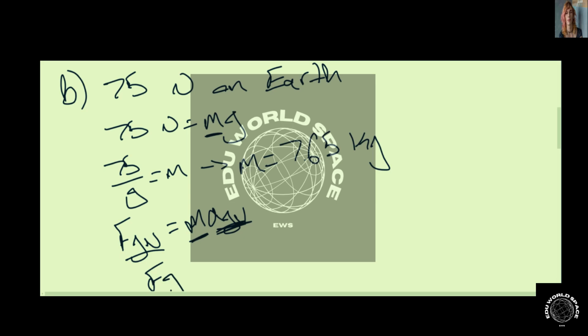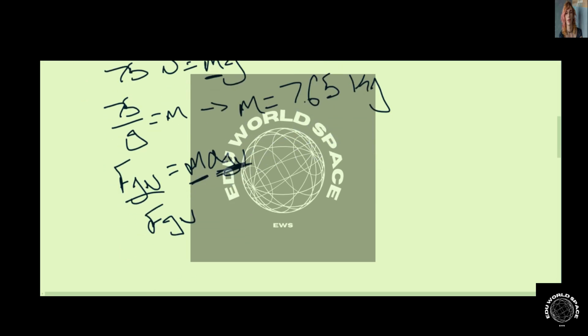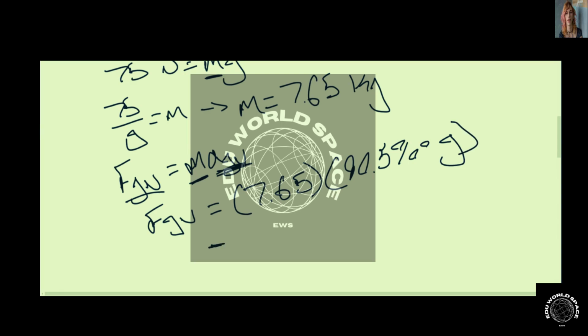So all we've got to do is take our numbers and plug them in. We're going to get that the mass multiplied by 90.5% times the acceleration due to gravity, which is just 9.8. We're going to get that the object weighs approximately 67.9 newtons.